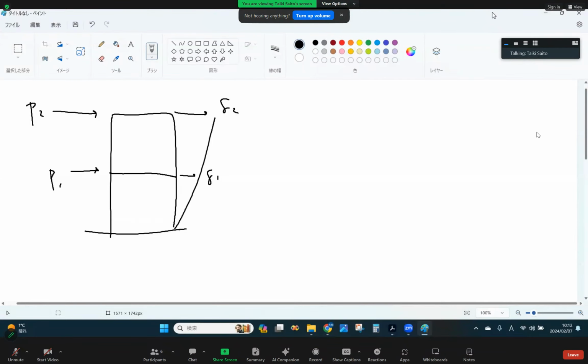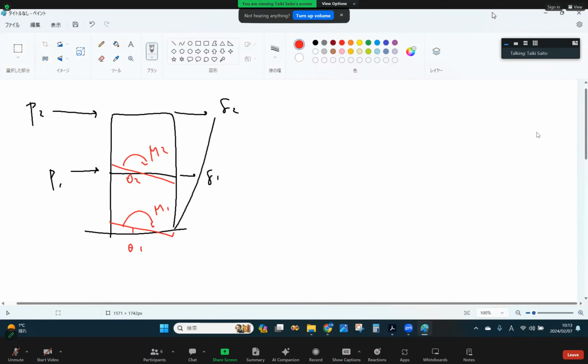And the moments M1, M2, and the rotation theta 2, well, no, theta 1.